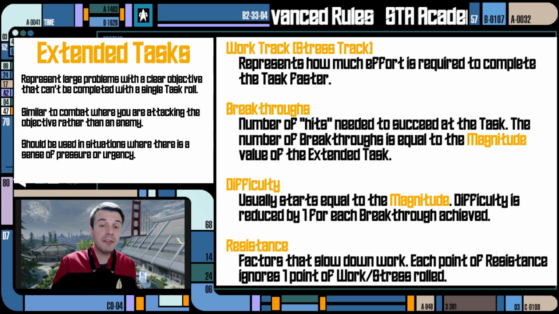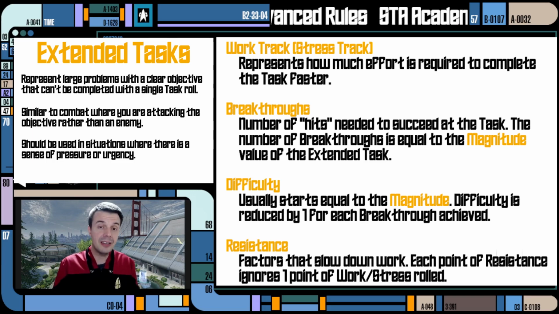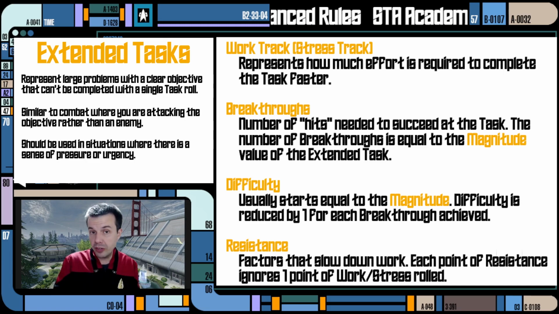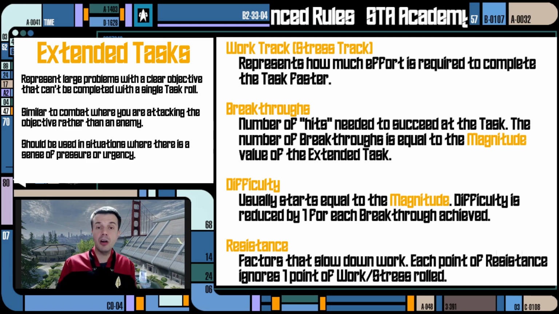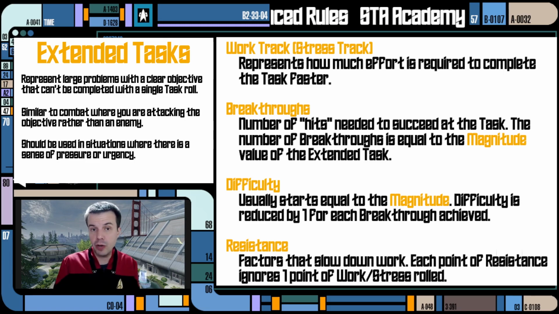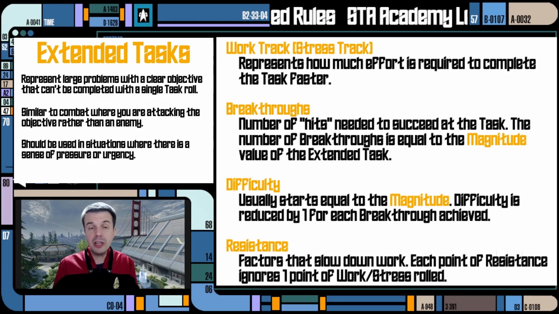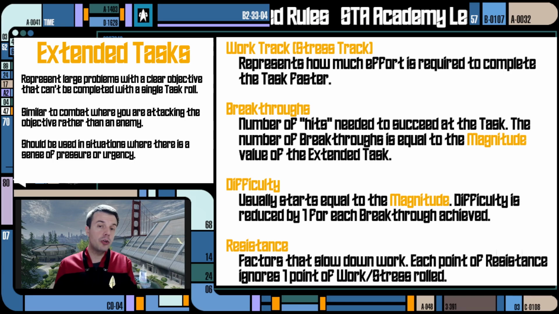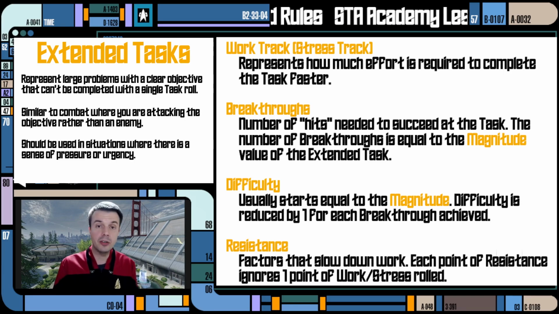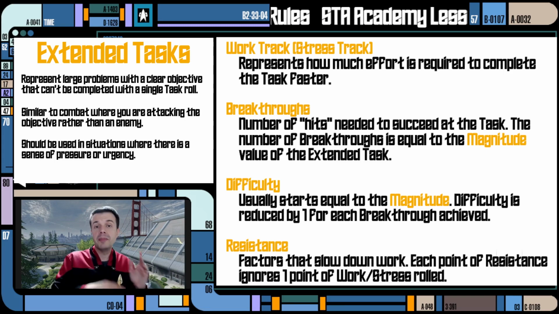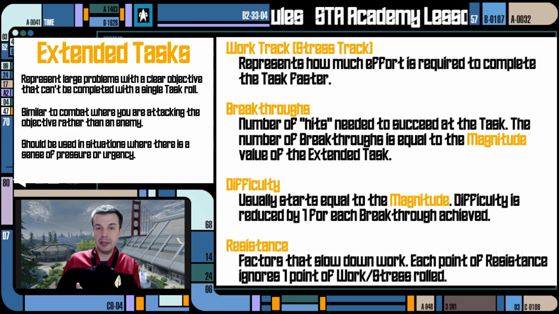Resistance doesn't have to be part of every extended task. Only for the most difficult. Only for the ones that require the extra effort because they're so challenging. Usually 0, 1, or 2 points, I would say, is standard for an extended task, from your usual to difficult to extremely difficult.